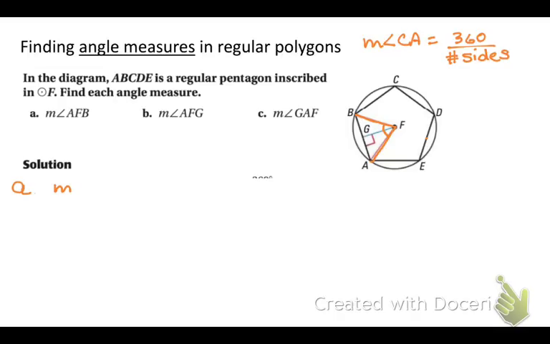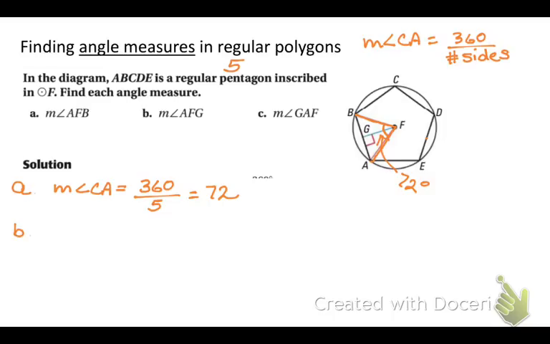So we just use our handy dandy formula, 360, and since it's a pentagon, 5 sides, 360 divided by 5 is equal to 72. So the measure of this angle is 72 degrees.